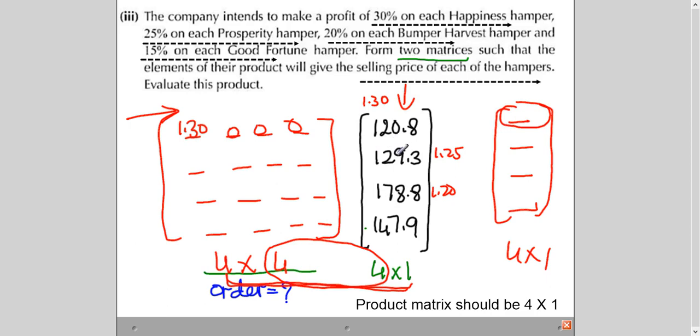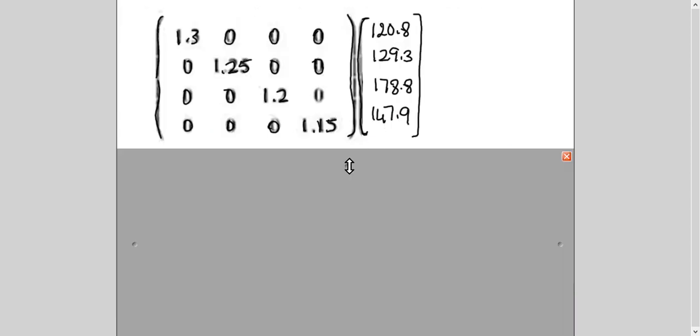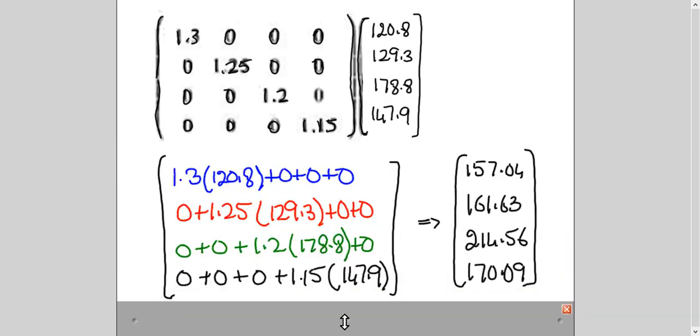Now this should be multiplied by 1.25, and none of the others. So 1.25 should come here, because when you multiply this row by this column, 0 multiplied by this will be 0, and 1.25 multiplied by this. So on, you will fill up this matrix. Okay, and then after that, when you multiply, this is what you get.